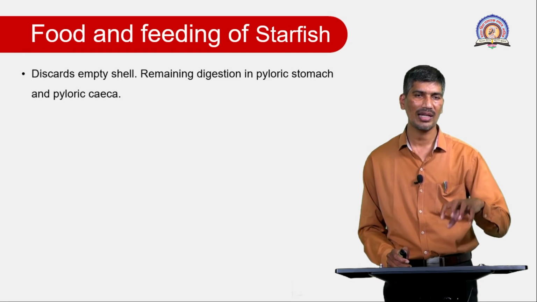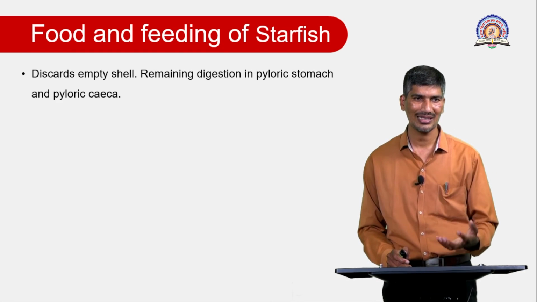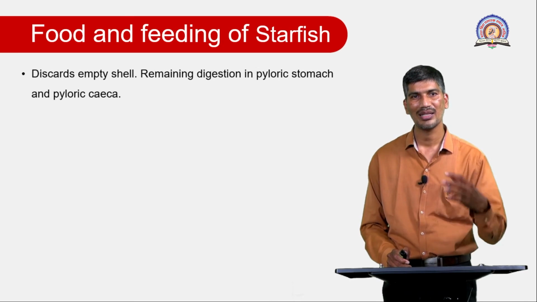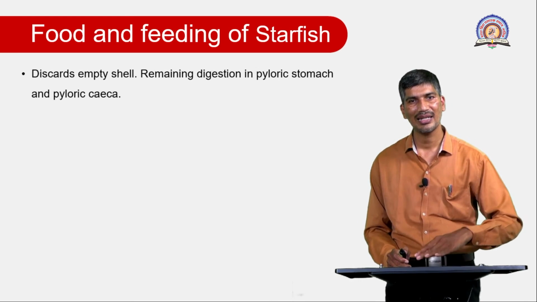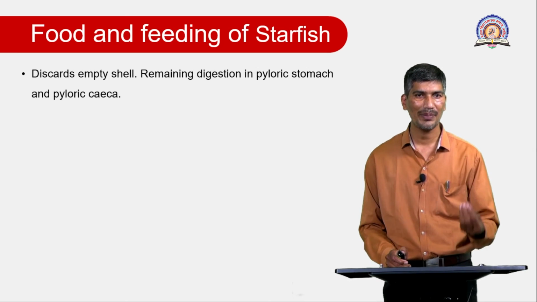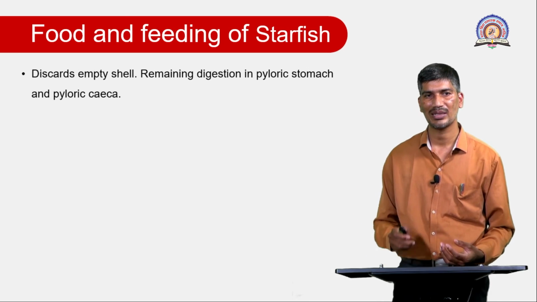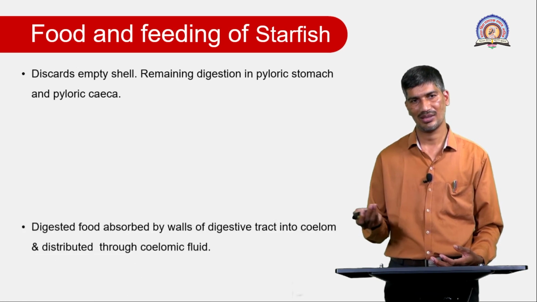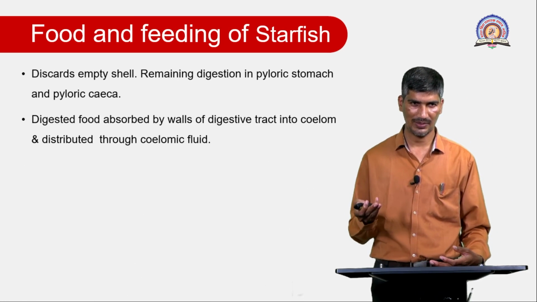Sometimes the whole thing is digested, and an empty shell is found inside the body. This empty shell is again ejected from the cardiac stomach, and some remaining undigested food material is ejected to the pyloric stomach.